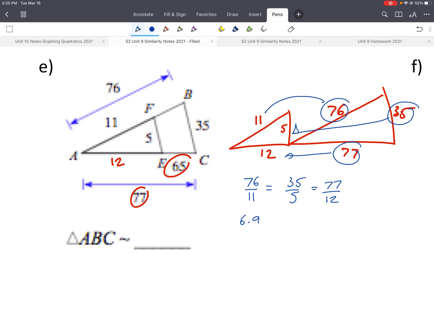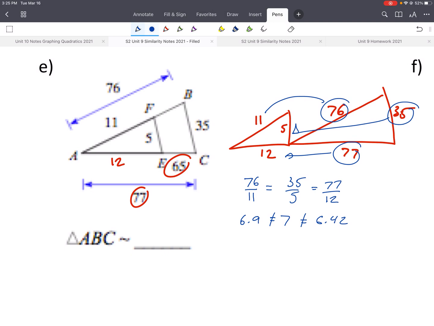Hang on one sec. Okay, and then we could do 35 divided by 5 gives us 7, and 77 divided by 12 gives us 6.42.